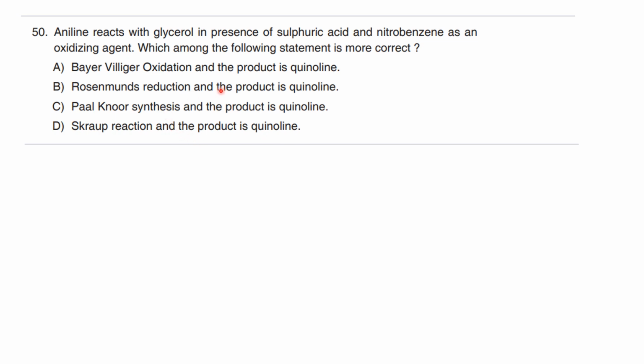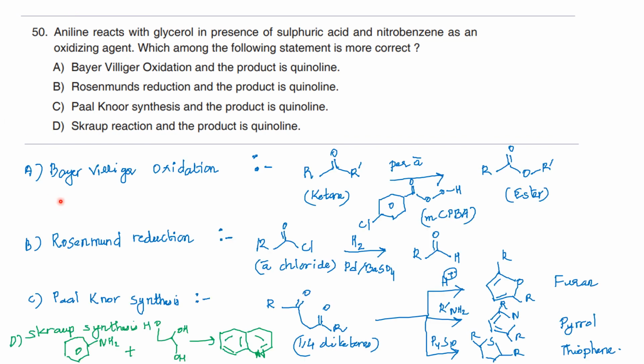So to answer this question, we should have an idea regarding all these reactions. So let's discuss all these reactions in a brief manner. Baeyer-Villiger oxidation is actually an oxidation reaction where a ketone reacts in presence of a peracid. Peracid means it is having an extra oxygen atom.